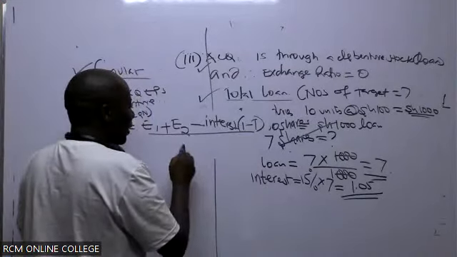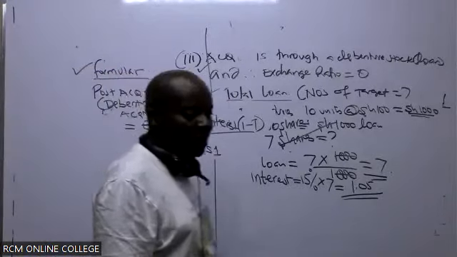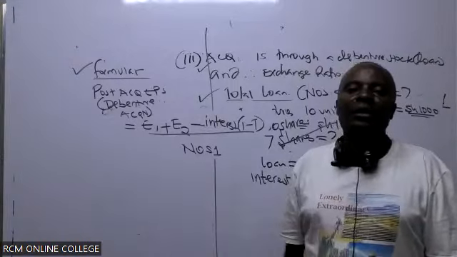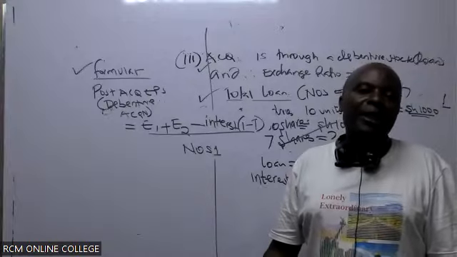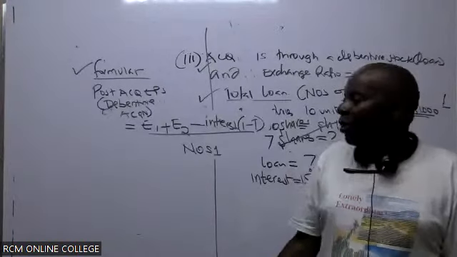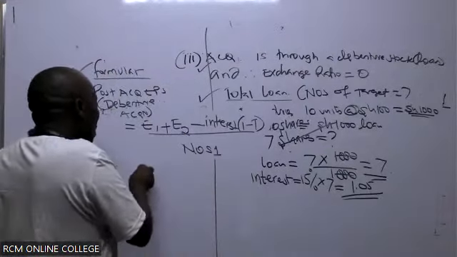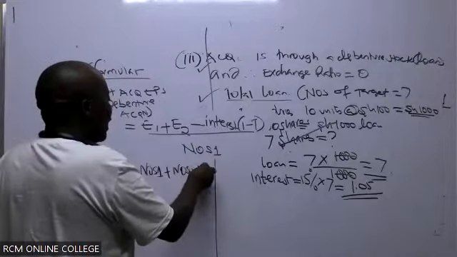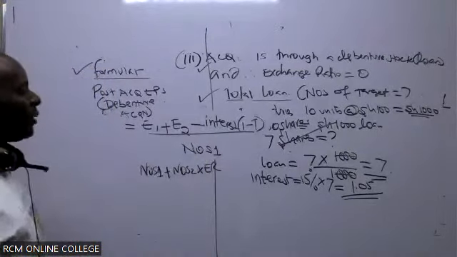Everything to be divided by NOSE 1. Why are we not bringing NOSE 2 here? Because exchange ratio is 0. At the end of the day here, the denominator, we should have spoken about NOSE 1 plus NOSE 2 times exchange ratio.